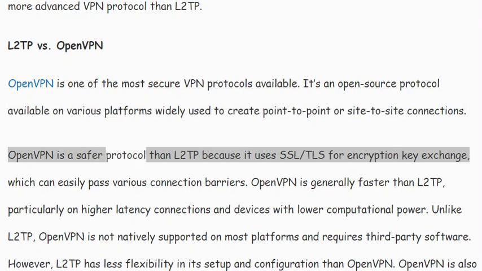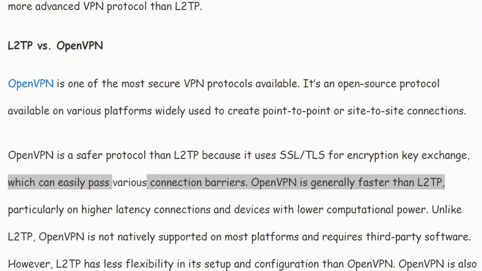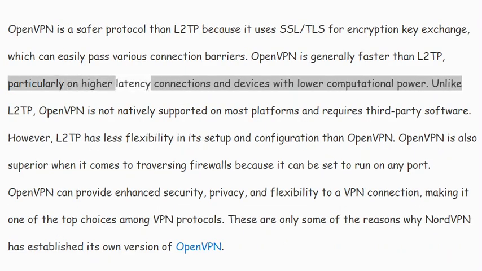OpenVPN is a safer protocol than L2TP because it uses SSL/TLS for encryption key exchange, which can easily pass various connection barriers. OpenVPN is generally faster than L2TP, particularly on higher latency connections and devices with lower computational power.